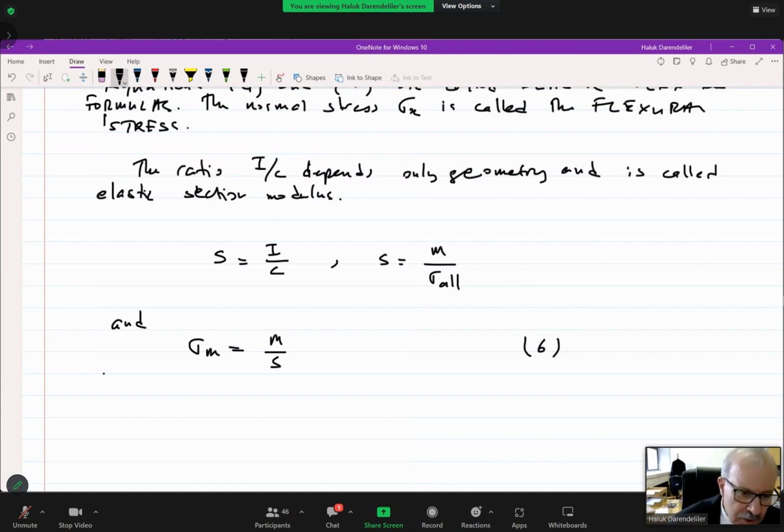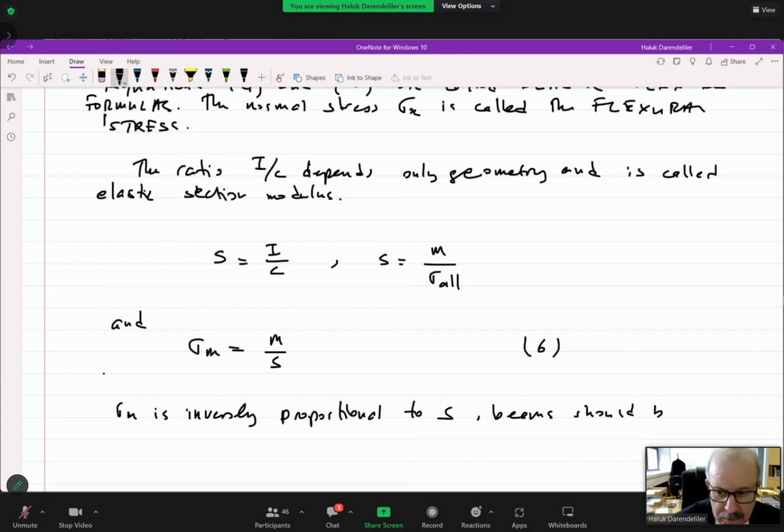So if you look at this equation, sigma m is inversely proportional to S, the section modulus, and beams should be designed with as large a value of S as practicable. Okay.